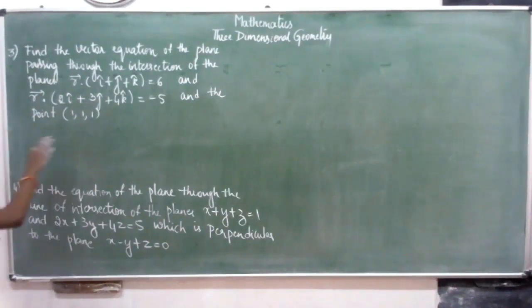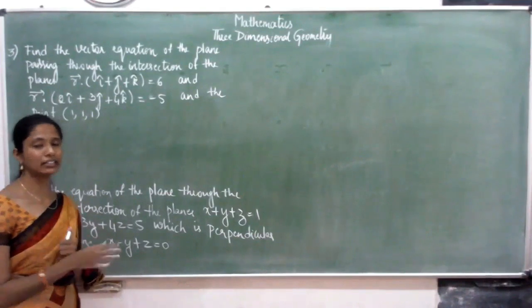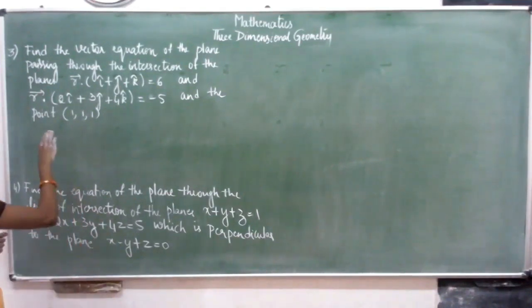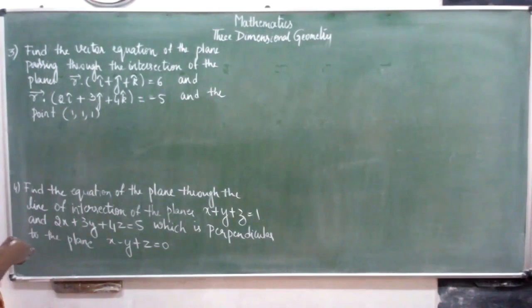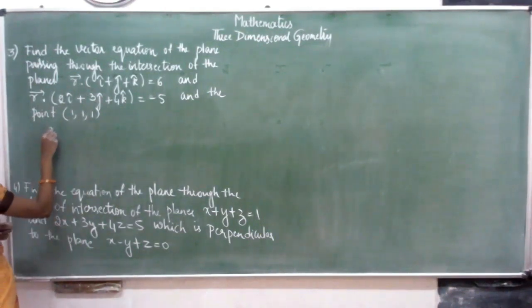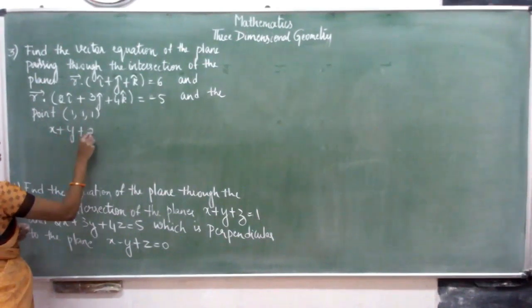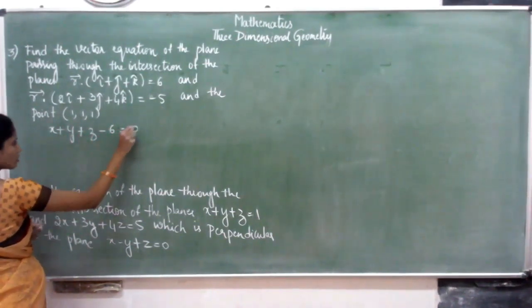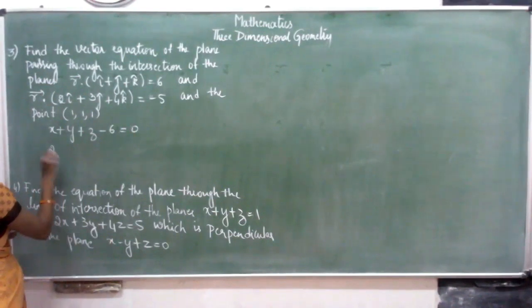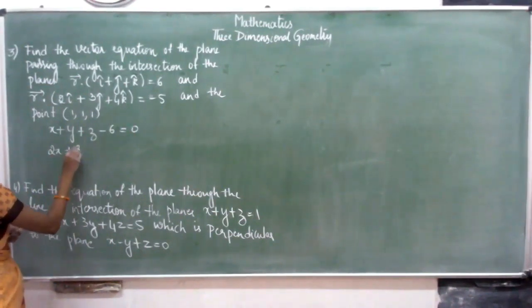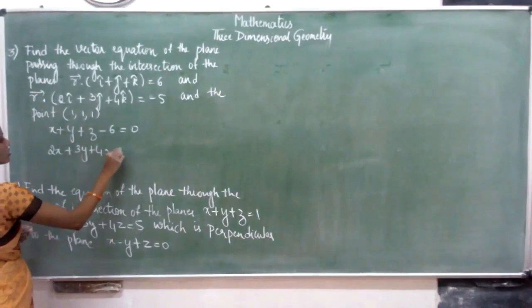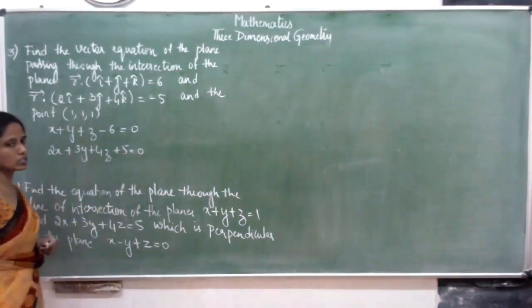Next problem. This is a similar problem, of which we have already done 2 problems of the same kind, and this I am going to give you as homework. Here the planes are given in vector form. First you should write them in Cartesian form. The first plane's Cartesian form is x plus y plus z minus 6 is equal to 0, and the second plane is 2x plus 3y plus 4z plus 5 is equal to 0.